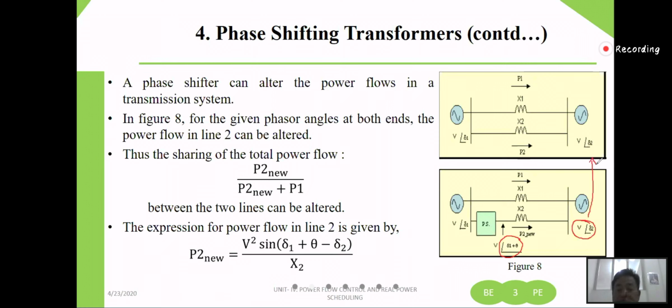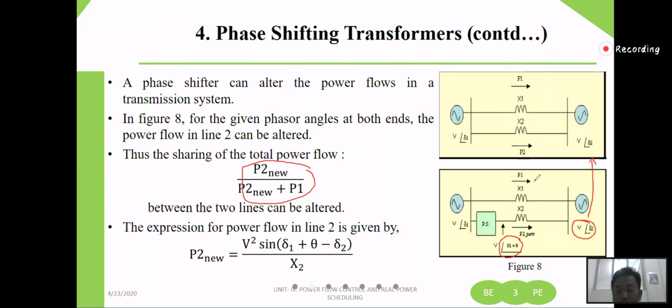So for this network, the total power sharing will be given by P2 new divided by P2 new plus P1. This is the total sharing of power between these two lines.